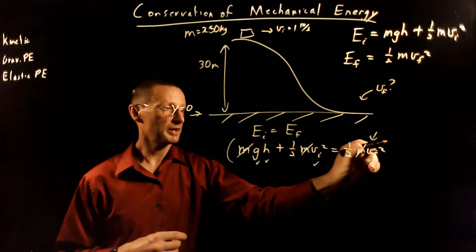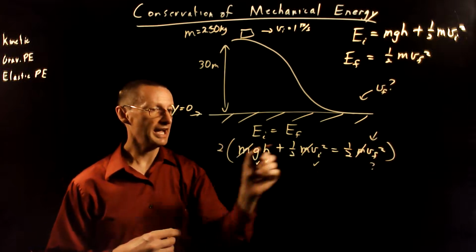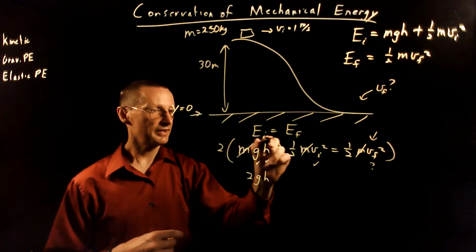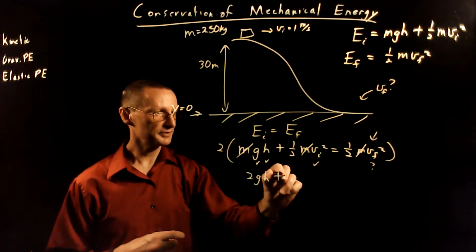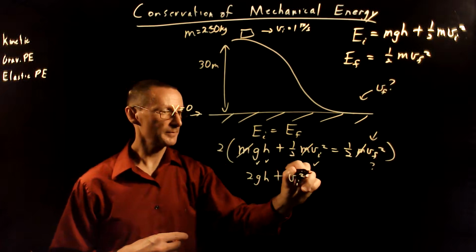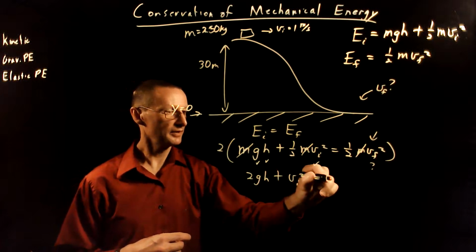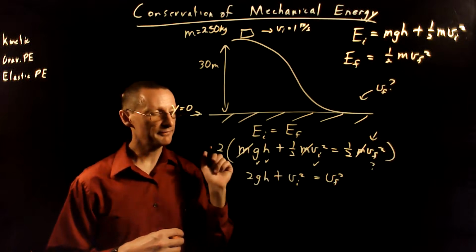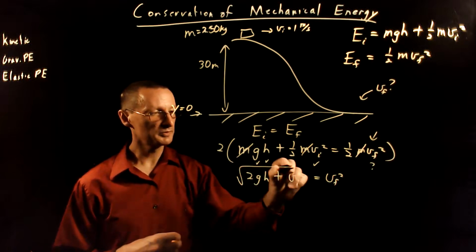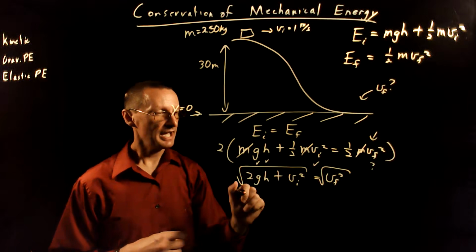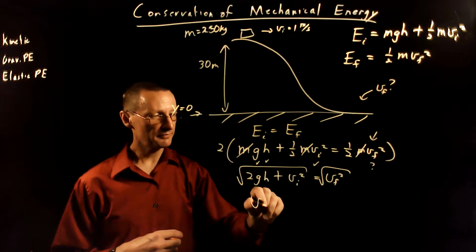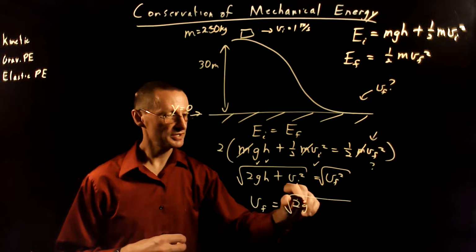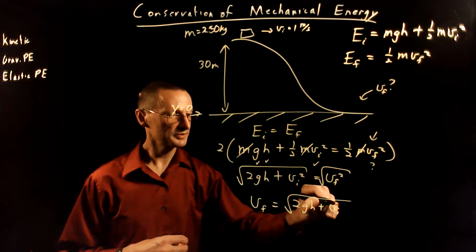Let's multiply everything by 2 to get rid of the half there. And so this gives us 2gh, and then the 2 multiplied here will get rid of the half here. So I get v initial squared is equal to v final squared. Okay? I want to get that v final by itself, so I need to take the square root of both sides here. And that will give me v final as the square root of 2gh plus v initial squared.